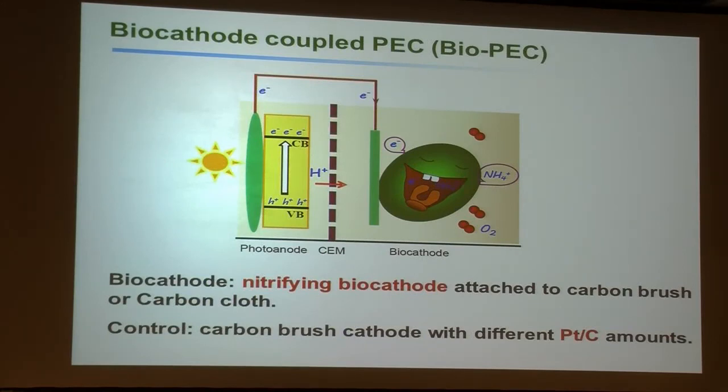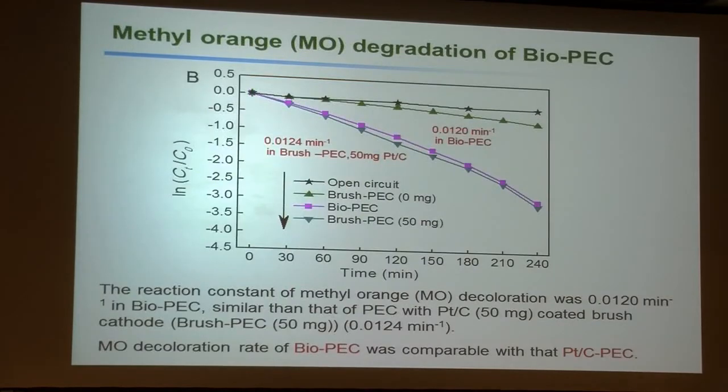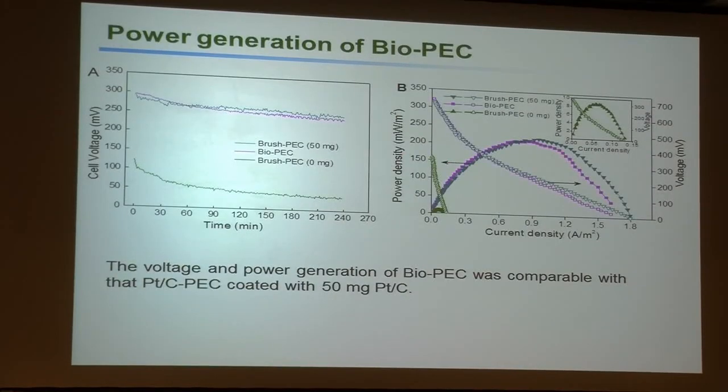In the beginning, we guessed we couldn't get similar performance after we removed the platinum catalyst. But when we tested the system, it is interesting that we got similar performance to the PEC with 15 microgram per liter loading of the platinum cathode, and also almost the same power density.